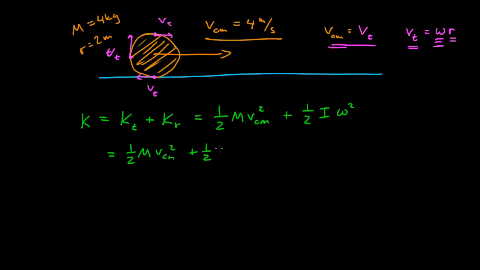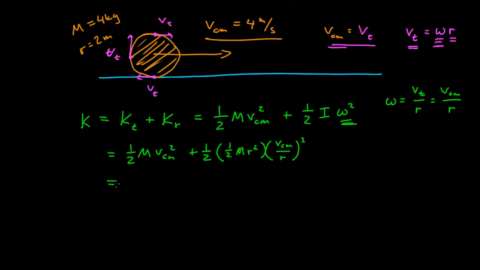And then 1/2 times the moment of inertia, which for this solid disk is 1/2 m r squared, and the angular velocity is equal to the tangential velocity over the radius. That's from the definition. But from rolling without slipping, this is equal to the velocity of the center of mass over the radius. I can substitute in the velocity of the center of mass over the radius squared for the angular velocity.